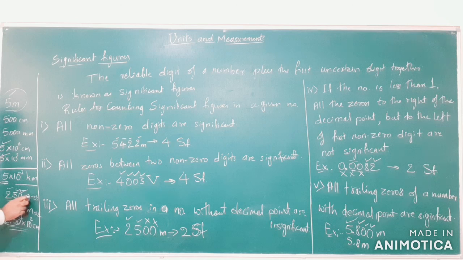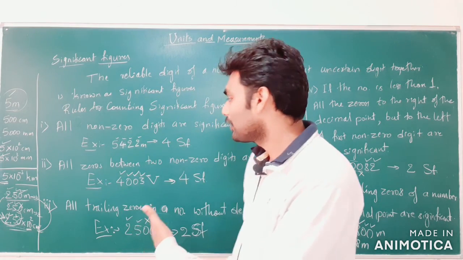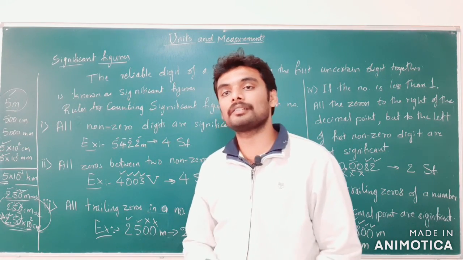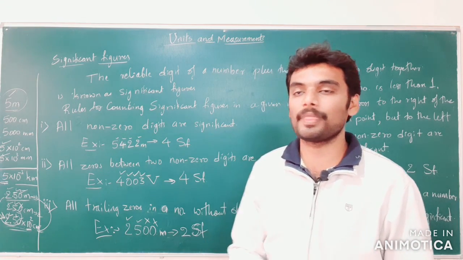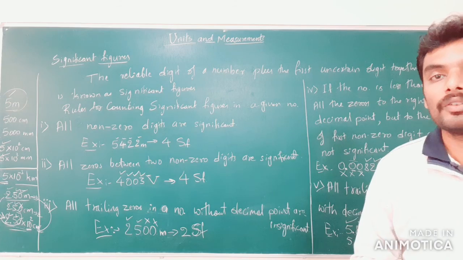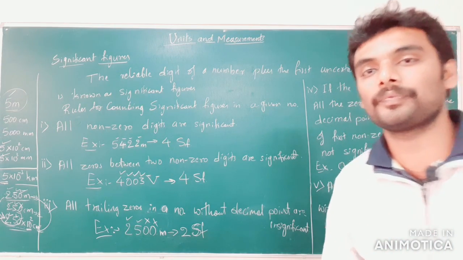Okay, so we have successfully converted. At the same time, we have retained all three significant figures. So using the powers of 10 is the proper way to convert a measured number, because that way will not change the significant figures in the number. Clear? So this is about rules for writing significant figures.